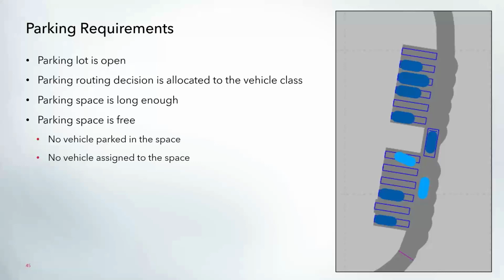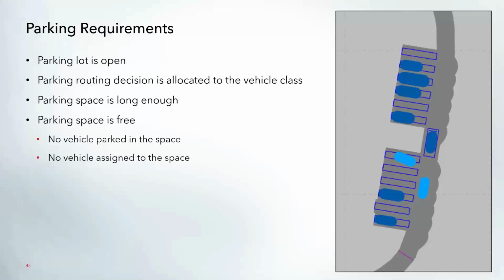And then the parking space will also need to be free, which in Vissim will either mean the space must be completely unoccupied, so no vehicle in the space at all, or, if there is a vehicle in the space, that there isn't another vehicle already assigned to that space.